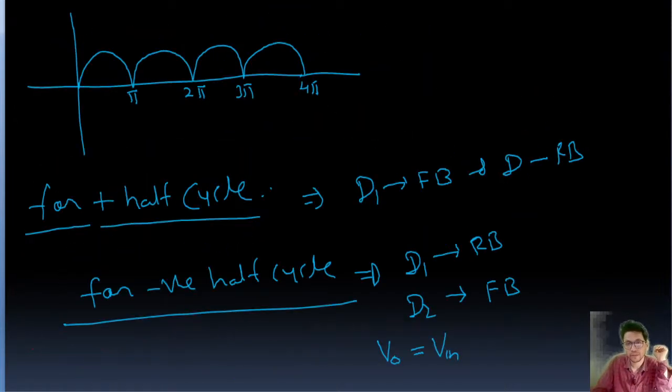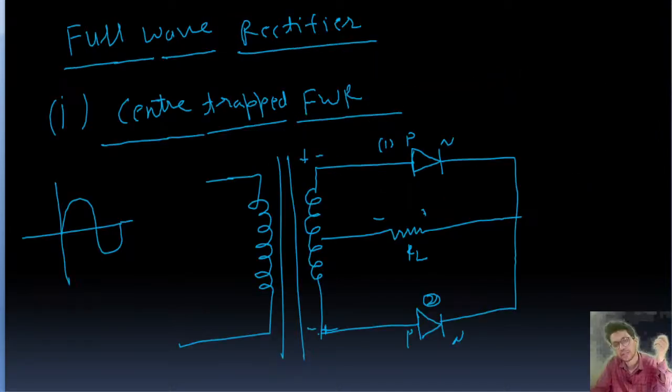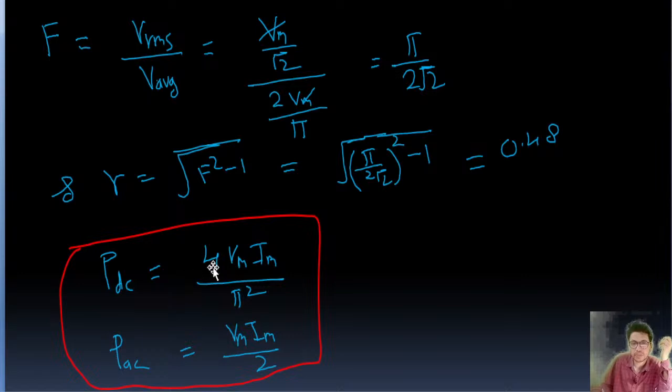So from here we can find the efficiency. Eta is PDC upon PAC, as I have already explained.